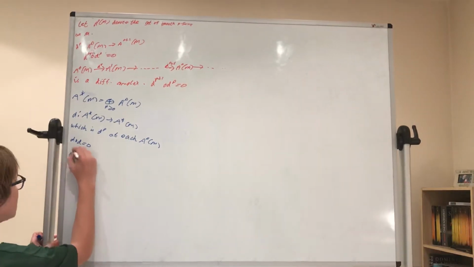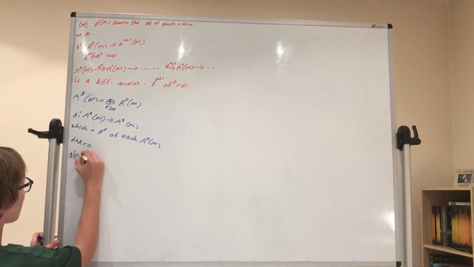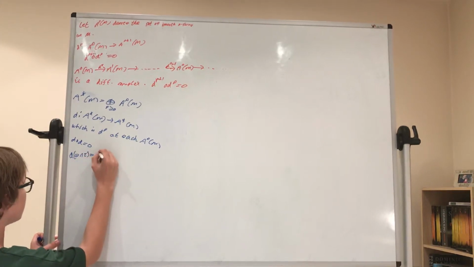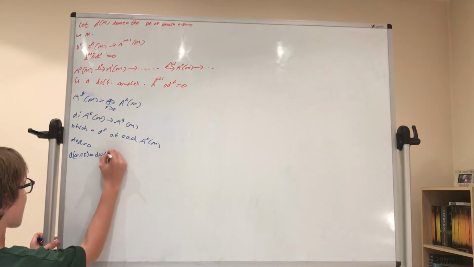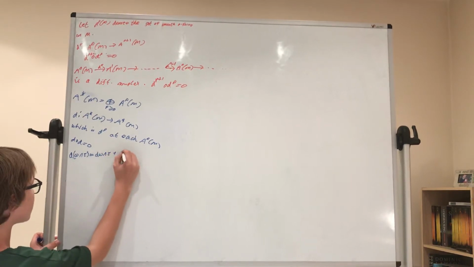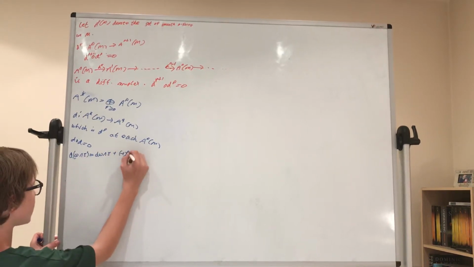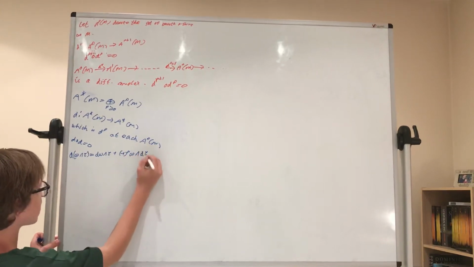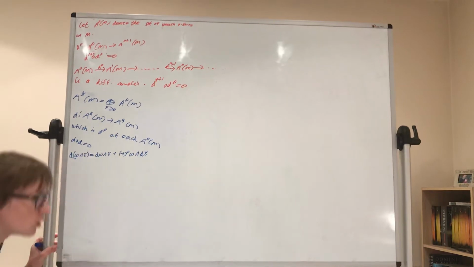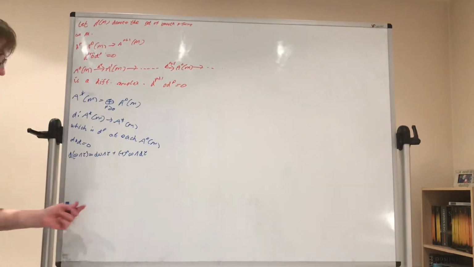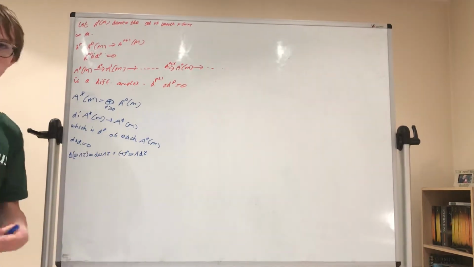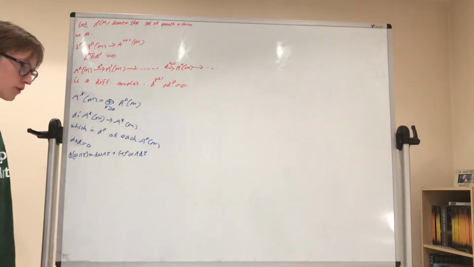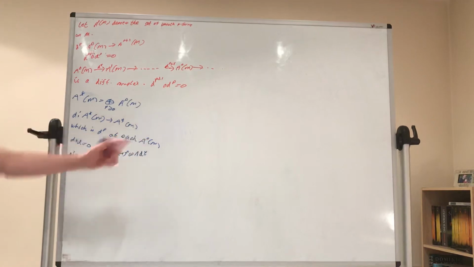So d of omega wedge tau is equal to d omega wedge tau plus (-1)^p omega wedge d tau. This might look complicated, but actually it's not that different from the product rule you'll learn in calculus, but with this (-1)^p. Remember, this is that p.